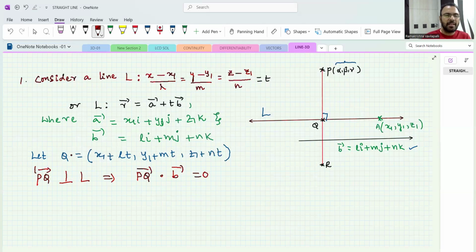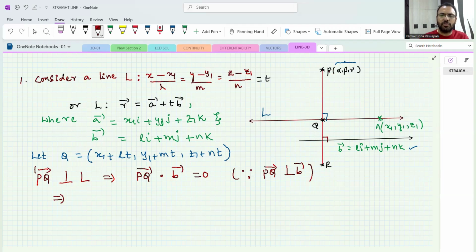PQ perpendicular to L is nothing but PQ perpendicular to the vector b bar also. It is just a dot product of the vectors. So PQ bar dot b bar is equal to 0.